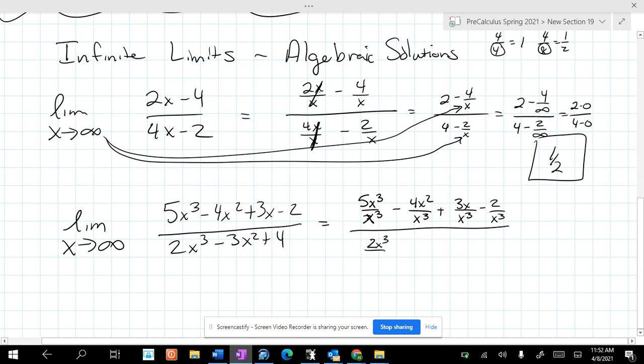Why so many numbers? Because I'm a jerk. Yeah, I know. So if we simplify them, it's 5 minus 4 over x plus 3 over x squared minus 2 over x cubed over 2 minus 3 over x plus 4 over x cubed.